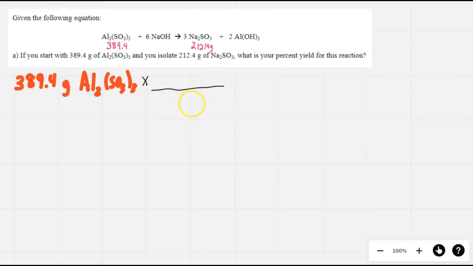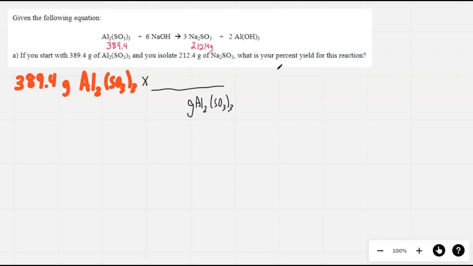So can somebody tell me what my molar mass of Al2(SO3)3 would be? 2 aluminums, 3 sulfurs, 9 oxygen.